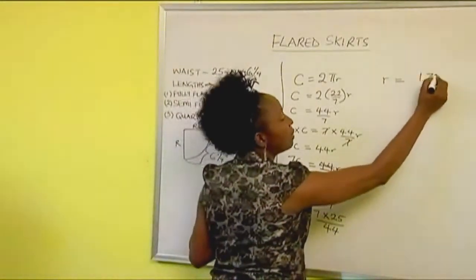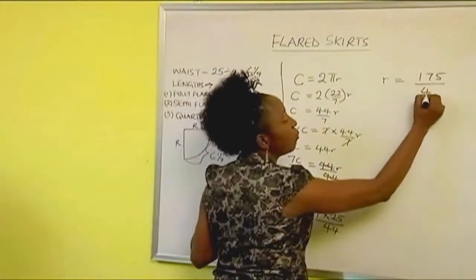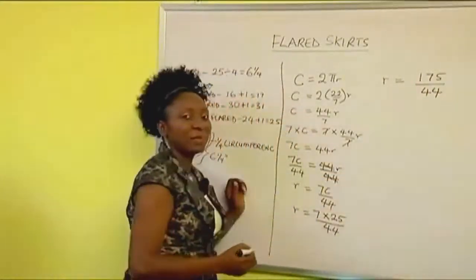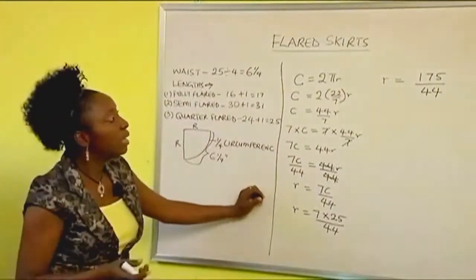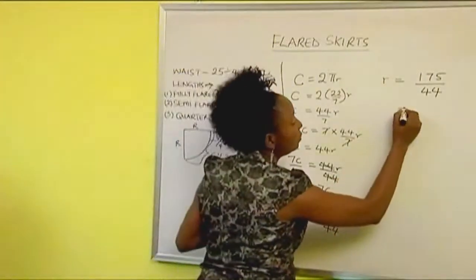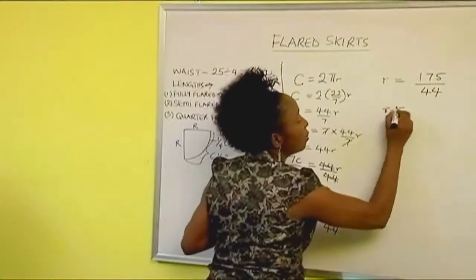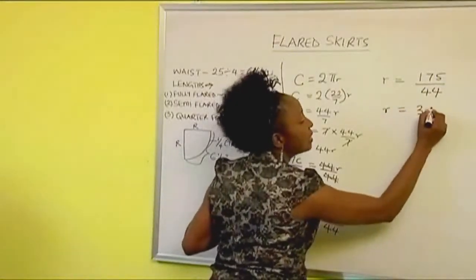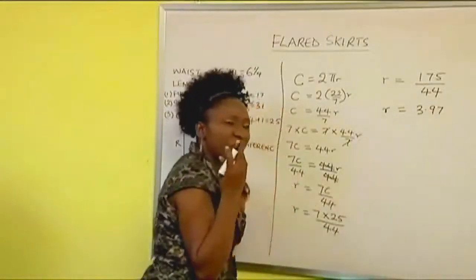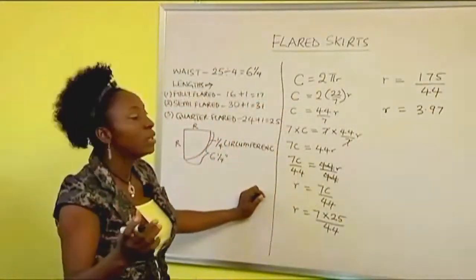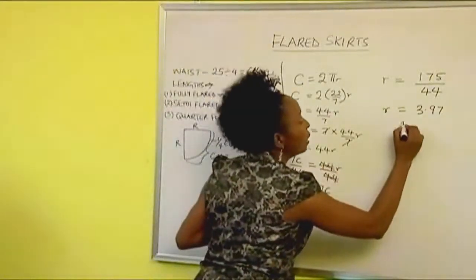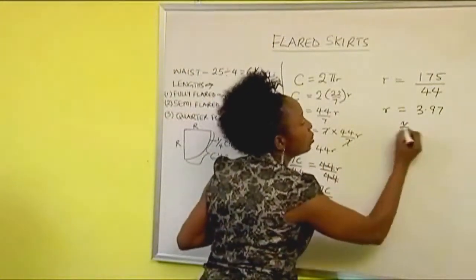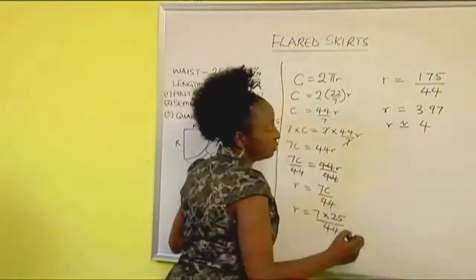You get 175 divided by 44. Now just take a minute and try and calculate that with your calculator or with your phone. And r will give us 3.97. You can see it's very, very close to 4. So I'm going to just approximate it to 4 inches. That will be approximated to 4.